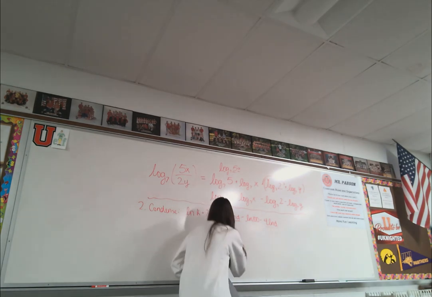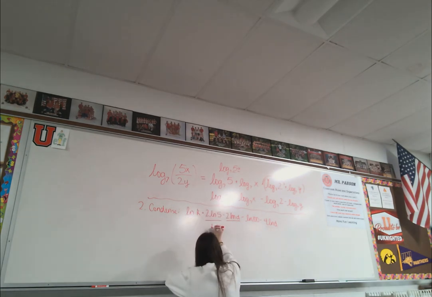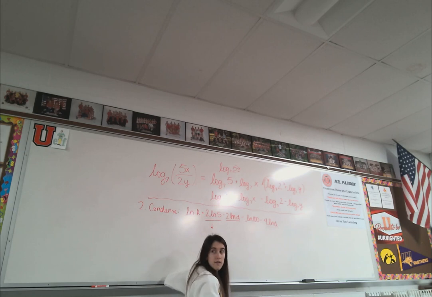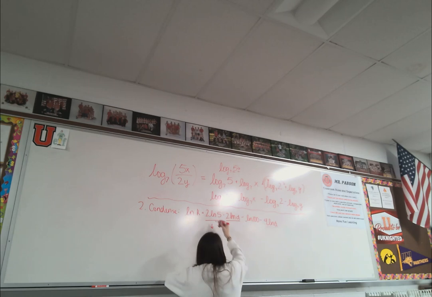Okay, so how do we do this? You put the number in front as the power. Yeah, you make that the power. So I take this coefficient, specifically here 2, and I make it the power, like Ruby said. So that's going to be ln of 5 to the second power.